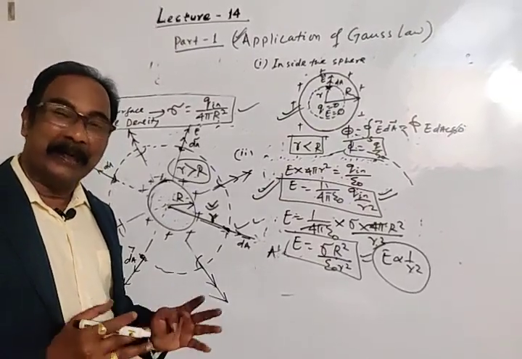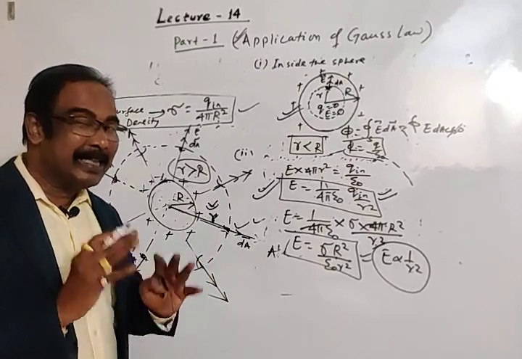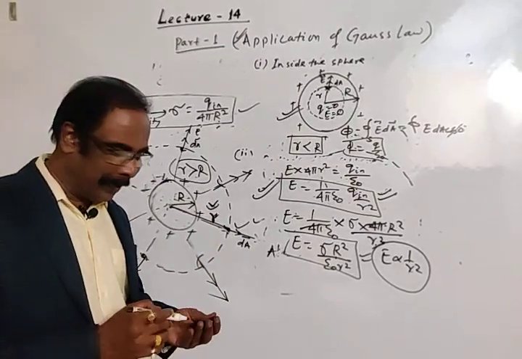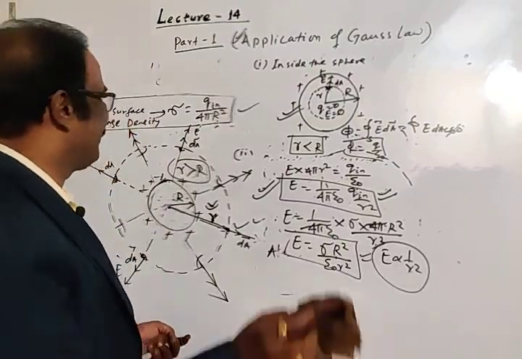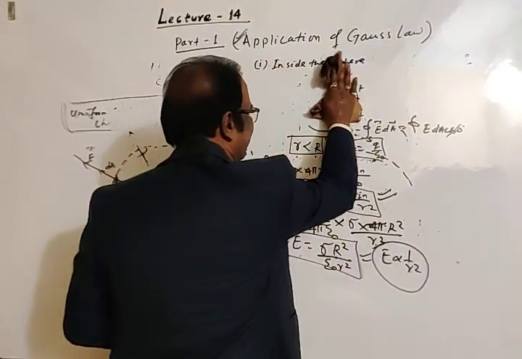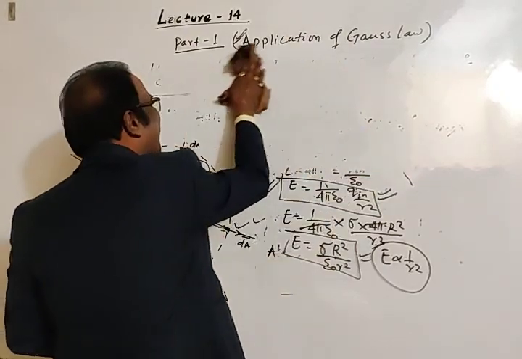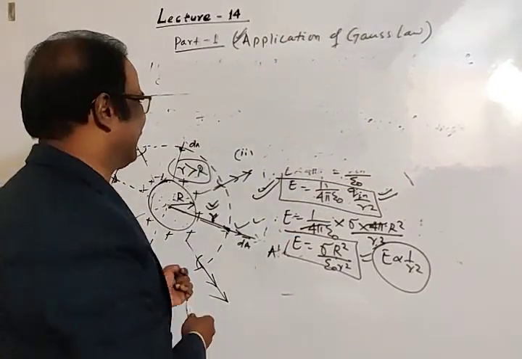Now the required graph, the variation of electric field with increase in distance. Inside the sphere, there is no electric field, as we have discussed.